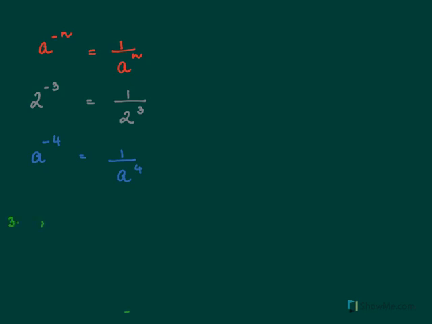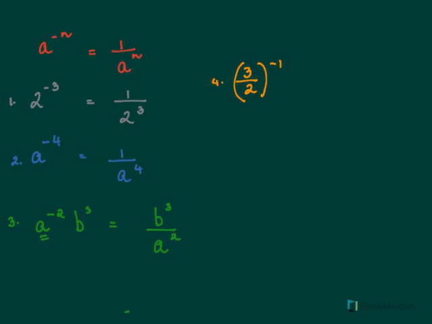The third one, suppose it is a raised to minus 2 into b raised to 3. For this, I'll write the b raised to 3 as it is because it's already positive, but a raised to minus 2, I will write down as 1 over a raised to 2. Then we have also 3 over 2 raised to minus 1.